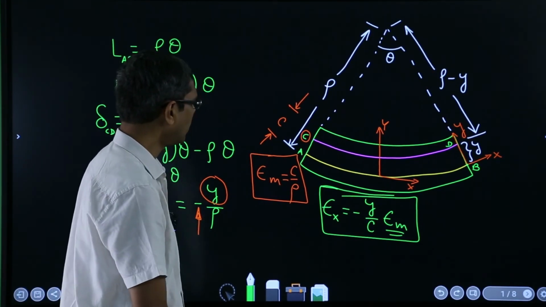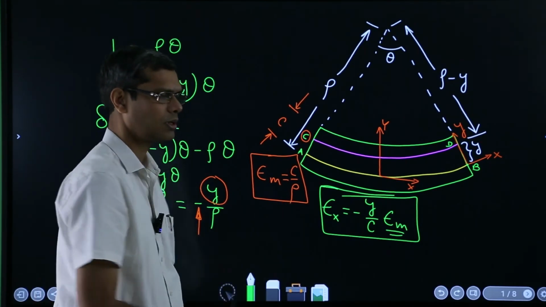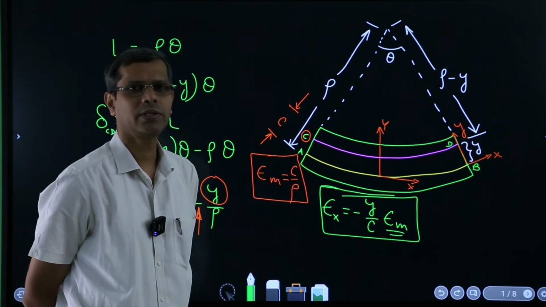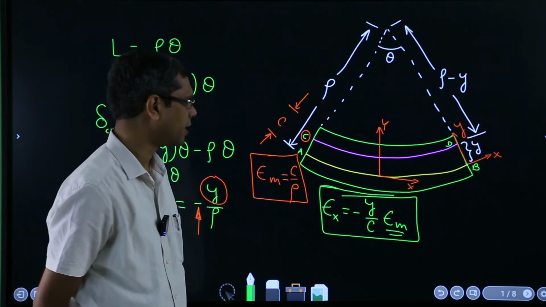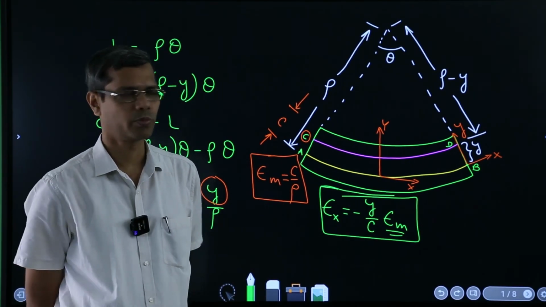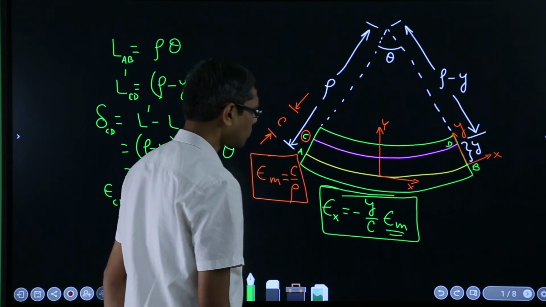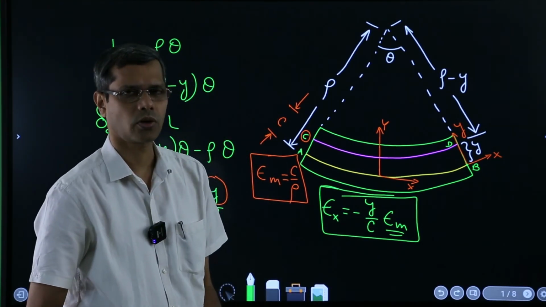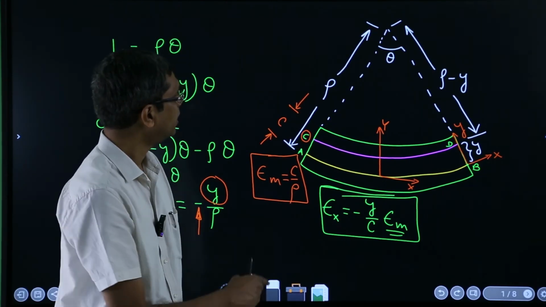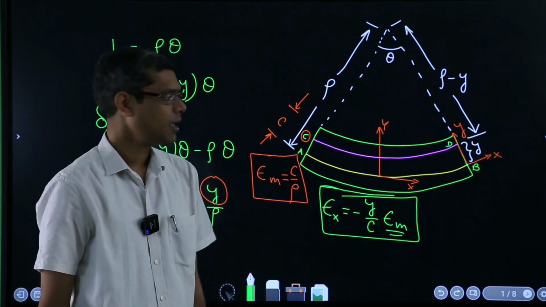So in the next segment, we will use this distribution of strain along with the equilibrium equations to derive the relationship with the applied loads, because till now we have only the properties of the cross section. Nowhere in this expression are we seeing any effect of the load we have applied, right.